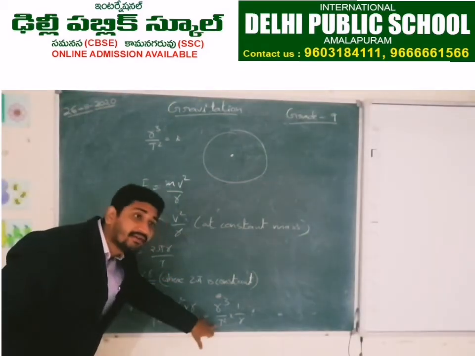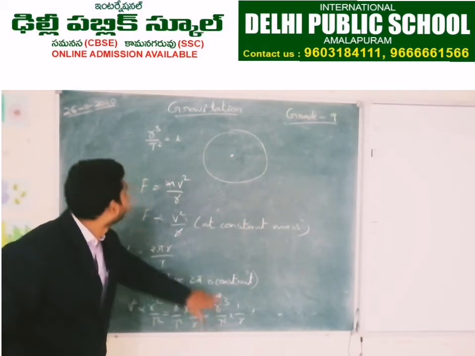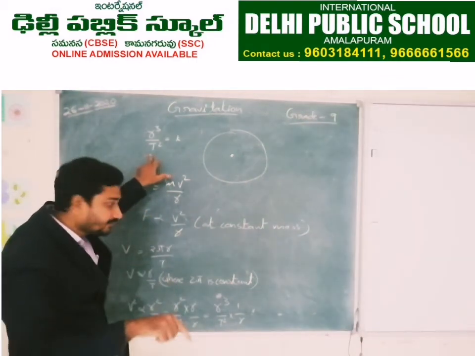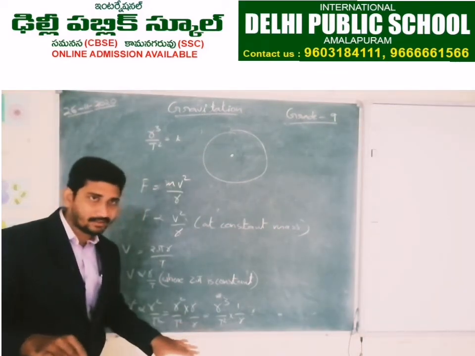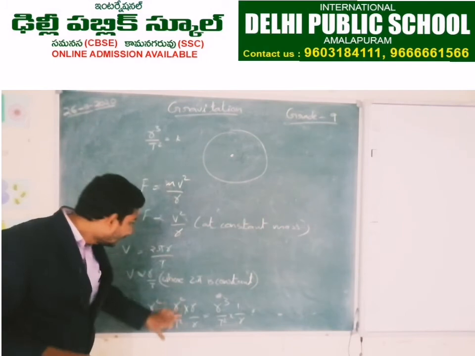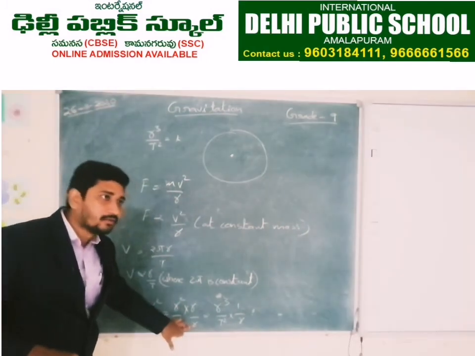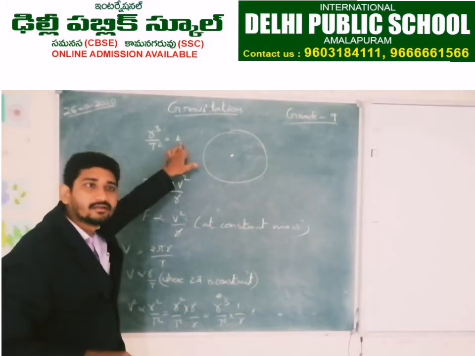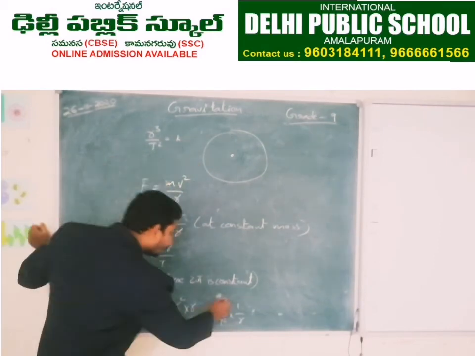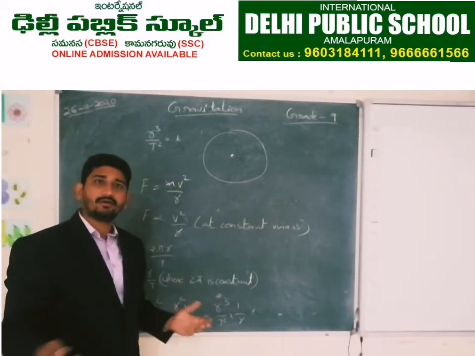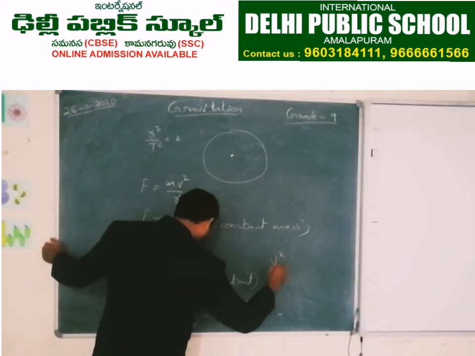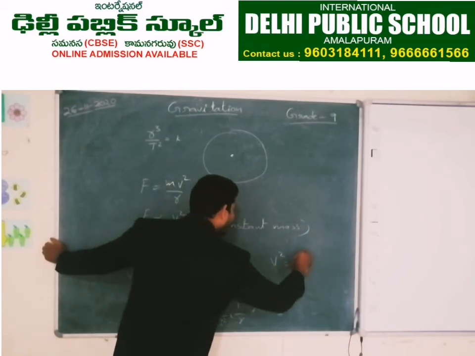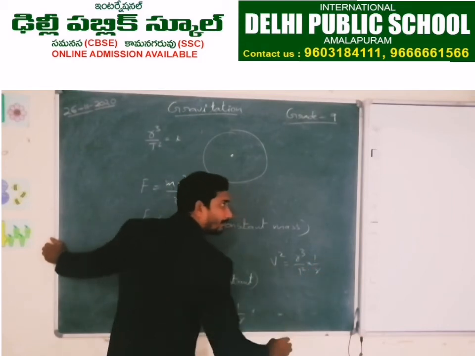Did you see this anywhere? Yes, sir. Where? This one. That's why we multiplied and divided with r. You understand? To get this, we multiplied and divided with r. So we got this. What is this? Constant. So we got v² = r³/t² into 1/r.